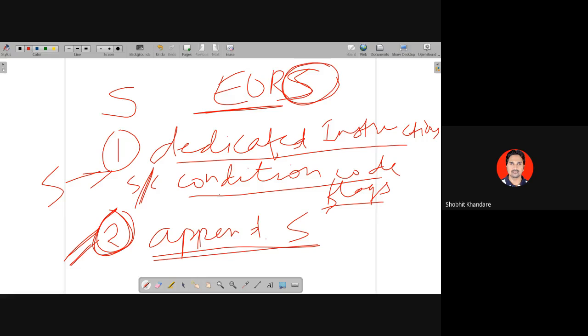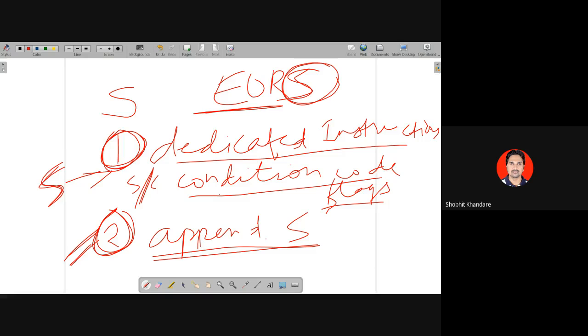Now if you ask me which are the dedicated instructions which will set and clear the condition code flag? Because in the first case there is no need to append S, since the job of those instructions is to reflect the status flags.